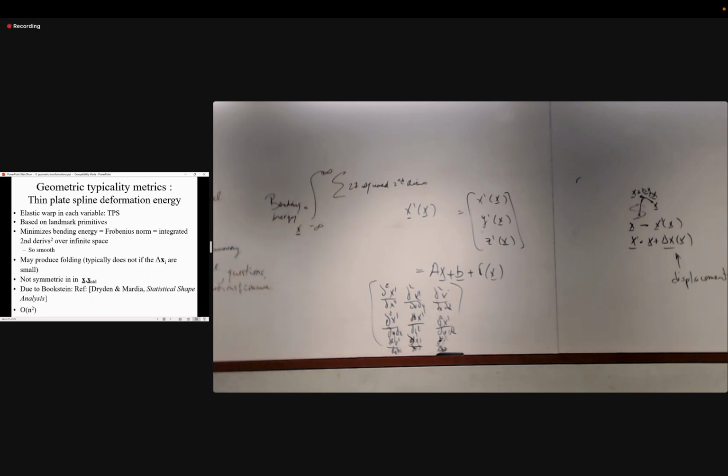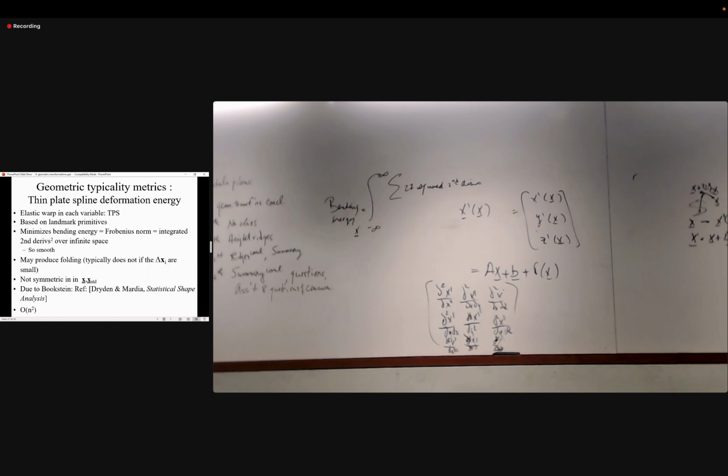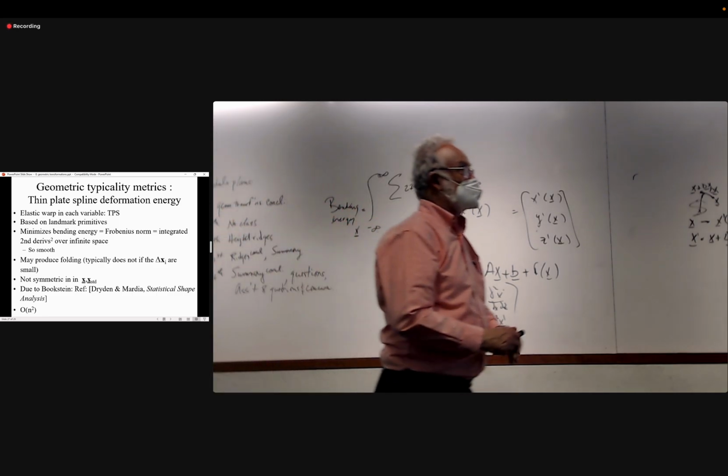You don't actually have to compute that. The program that you will use does all this math. But the upshot is that what it's trying to do is to minimize this particular norm of the function x prime of x, trying to have that x prime of x that minimizes this integral Frobenius norm.